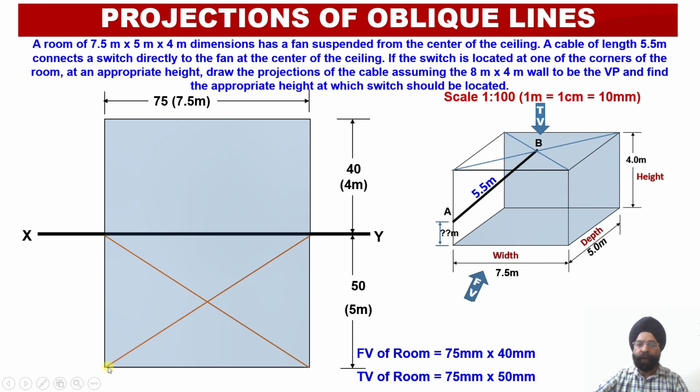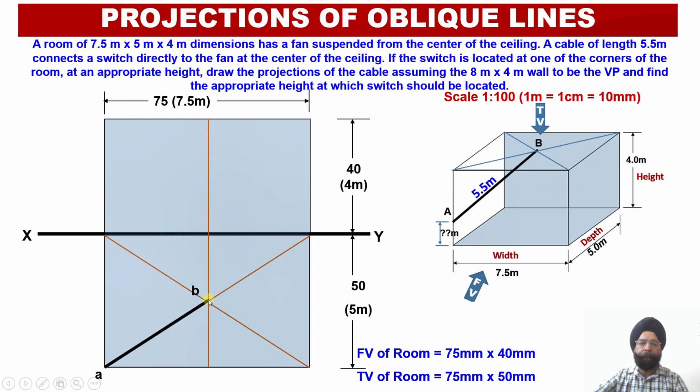In the top view, irrespective of this distance that we have to obtain, this point A, which lies in this corner, will be projected into the leftmost corner of this room. We will get point A over here and point B at the center point. So this point A corresponds to this corner, which is the location of the switch in the top view.